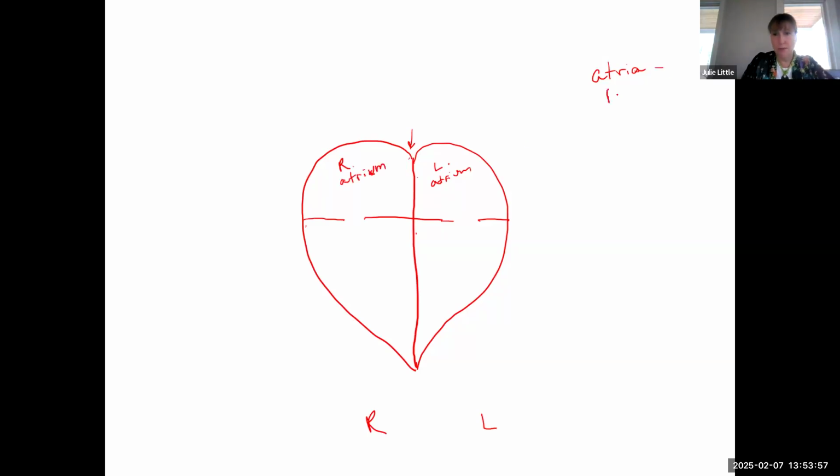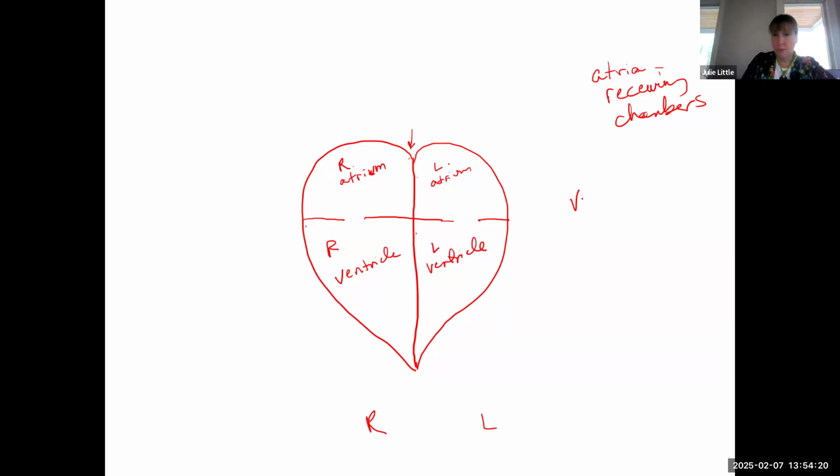The atria are the receiving chambers of the heart. So what I mean by receiving chambers is blood comes into the heart through the atria, and then blood's going to leave the heart through the 2 lower chambers called the ventricles. This is going to be a right ventricle, and this is going to be the left ventricle.